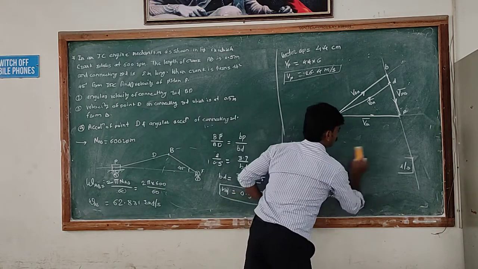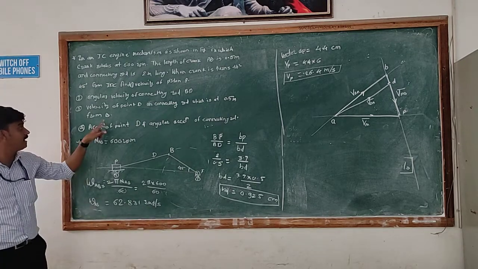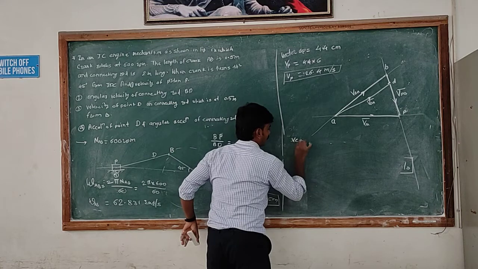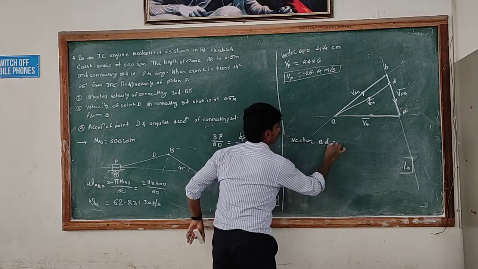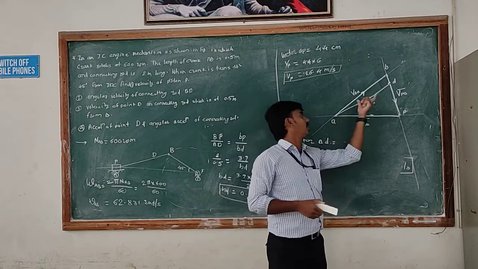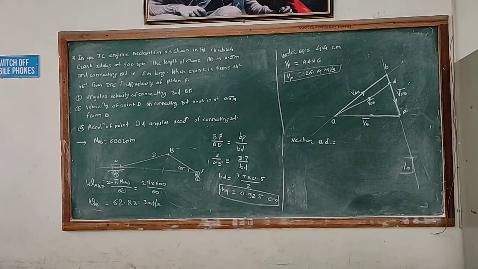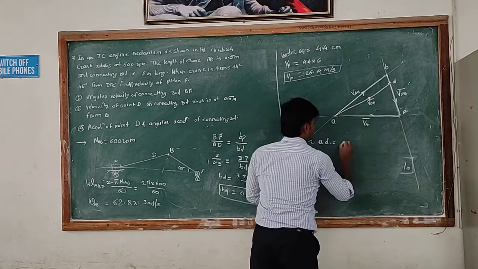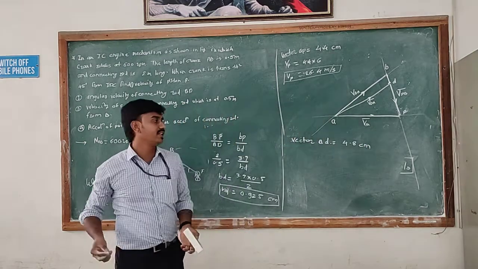So, to find out the velocity of the point D, we have to measure the vector AD. If we measure this vector AD, it becomes 4.8 centimeter.